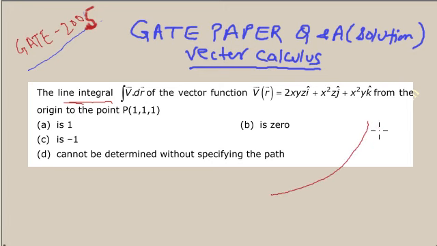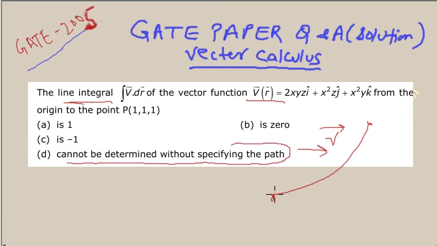If the path is given, along with v, you can calculate the line integral. Here the starting point is given, the final point is given, but the line is not given. So it cannot be determined without specifying the path, because for different paths the value of v dot dr is different.